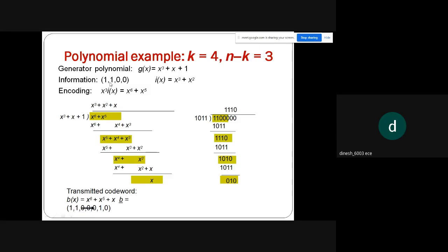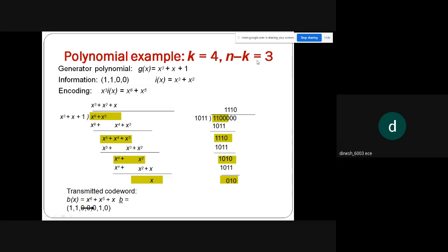I'll show you. See here, the information which is given is in 4 bits, 1 2 3 4, and our transmitted code word will be 7: 1 2 3 4 5 6 7. See at the bottom, 7. So this is an example for 7 comma 4.